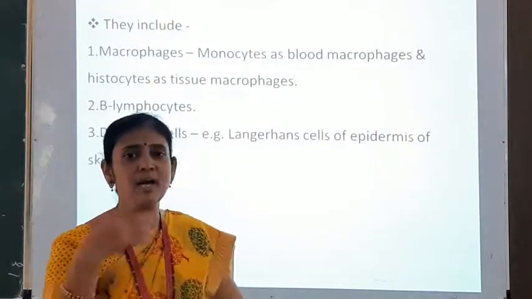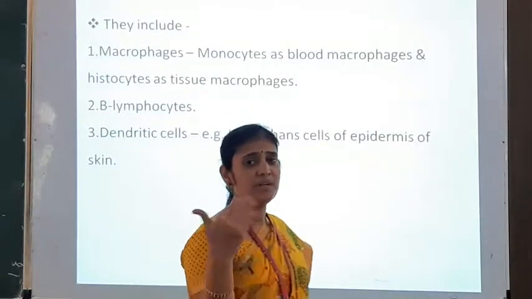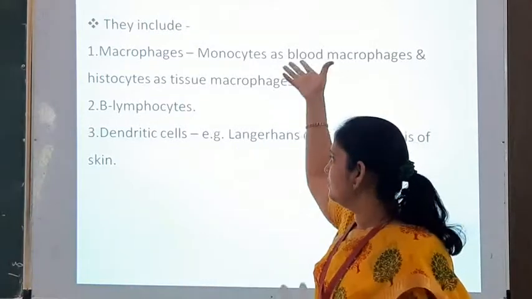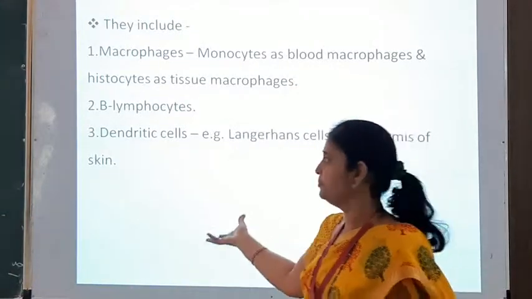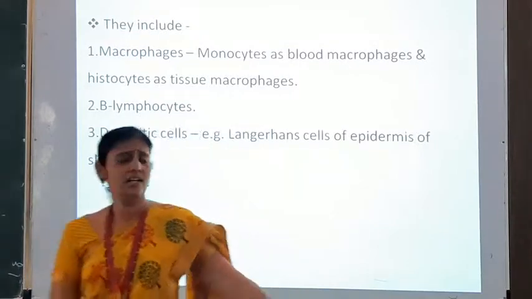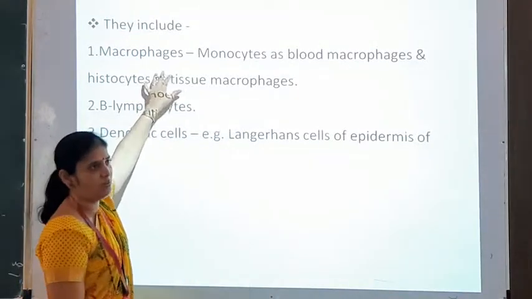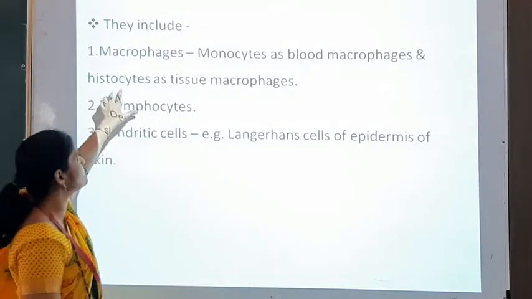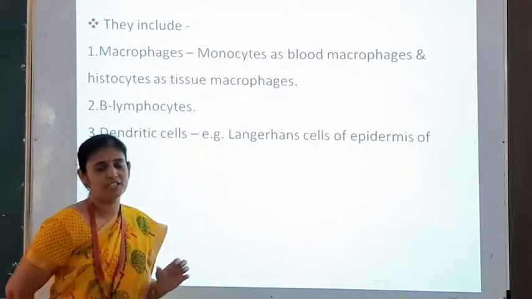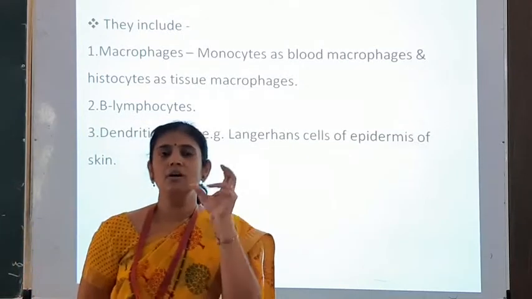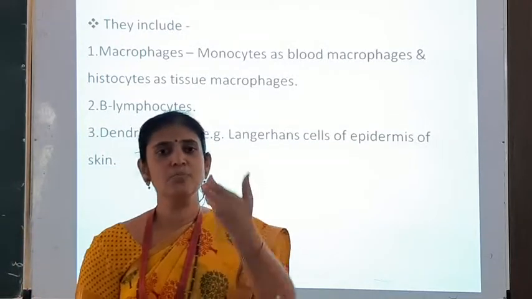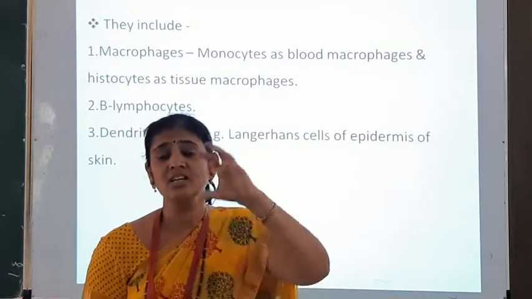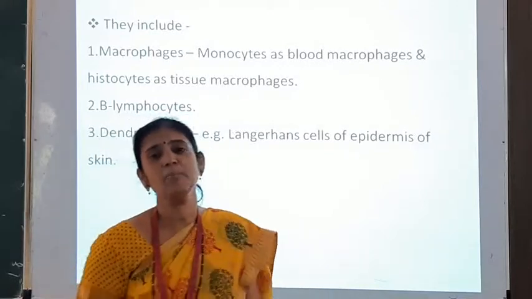So which are the examples of these antigen presenting cells? Here three examples are given. First, the macrophages: the monocytes as a blood macrophage and histiocytes as a tissue macrophage. Macrophage: macro means large, and phage means to eat. These are large cells which engulf the pathogens.